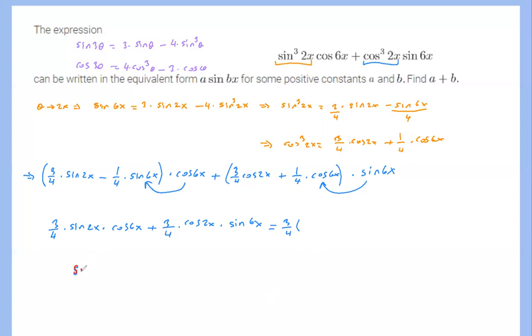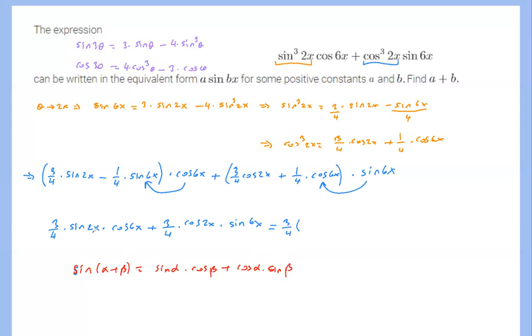So let's remember one more time. Sine of alpha plus beta was equal to sine alpha times cosine beta plus cosine alpha times sine beta.